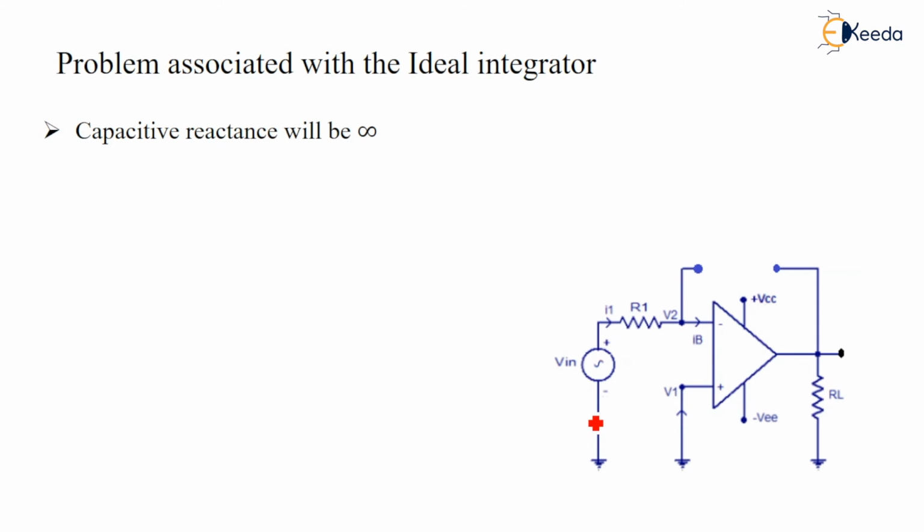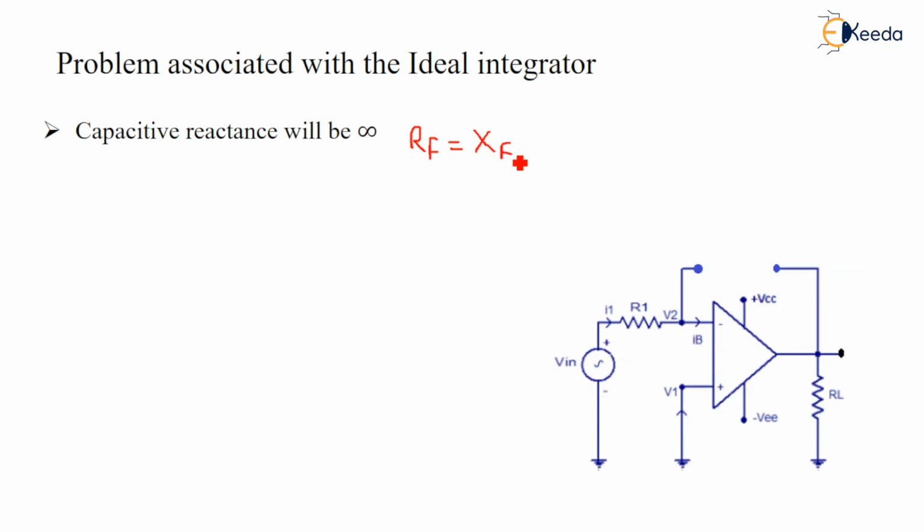We are using an inverting amplifier, so the gain is equal to minus RF upon R1. But here this RF is nothing but XF, which is the reactance of this capacitor.